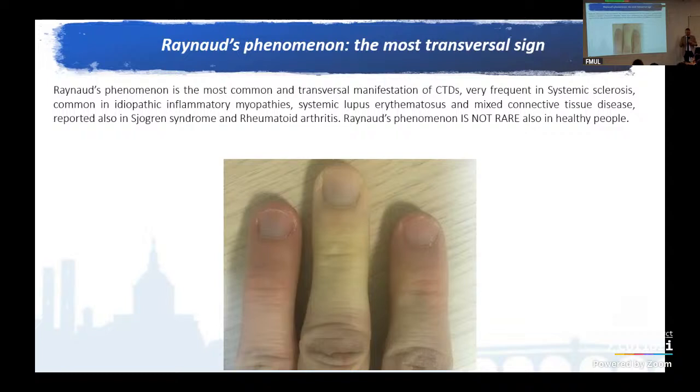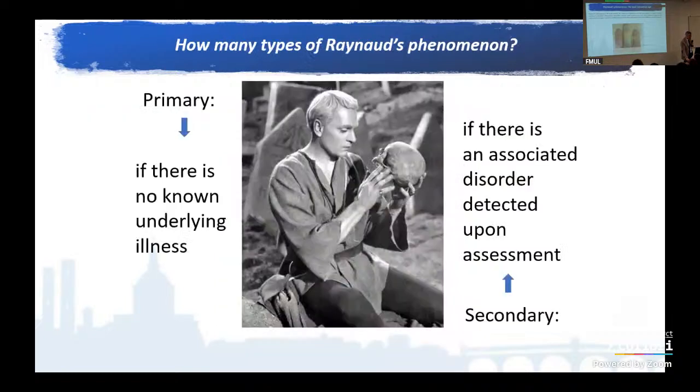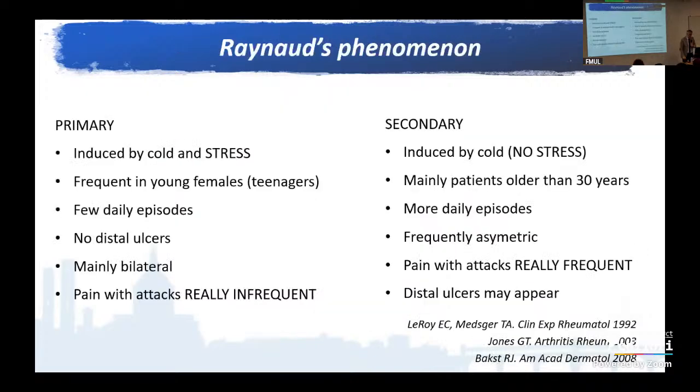It's very, very transversal, assigned to different connective tissue disorders, but not only. The main problem when we are looking at one patient with Raynaud phenomenon is quite a Danish question: is it primary or secondary? Is it primary or secondary? But we could have the answer by observing some particular aspects.